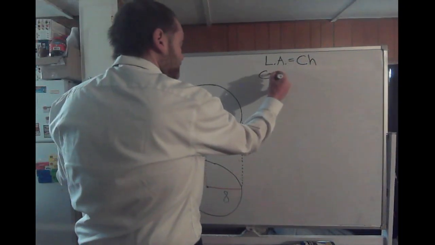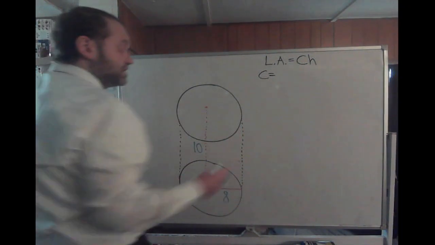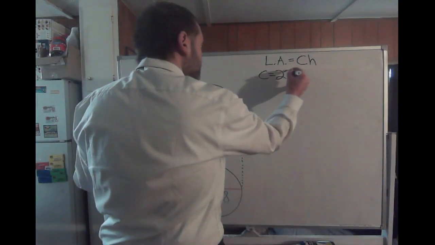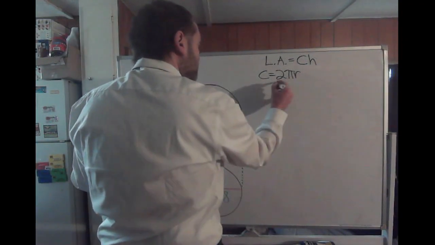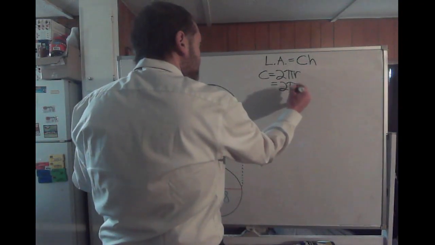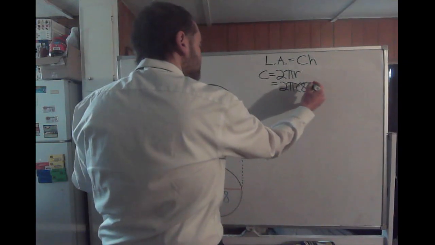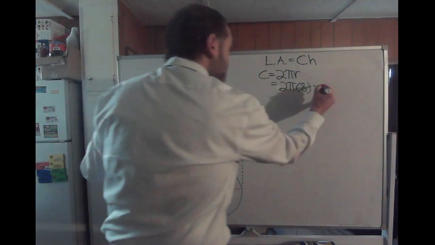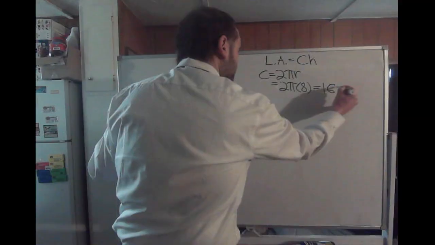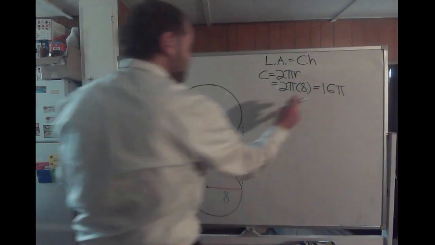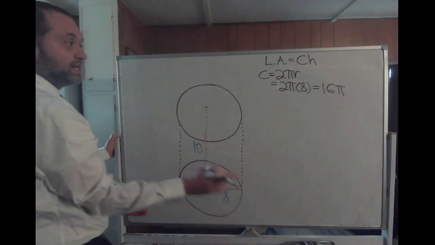Well, the circumference, we need to find that first, of course, is 2 pi r, which would give you 2 pi times that radius of 8, which would give you a circumference of 16 pi. So the circumference of the base is 16 pi.